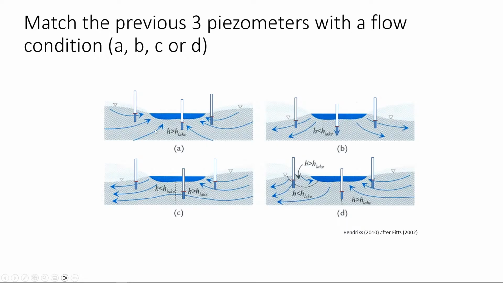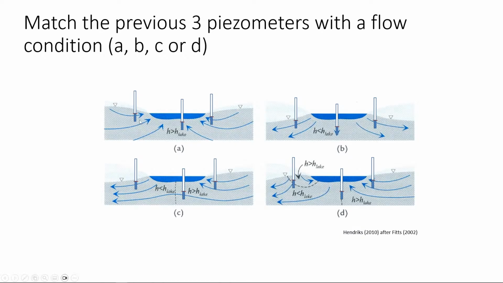For example, you went to a lake and did a measurement here, here, and here. How would you interpret this? Would you interpret this as this case, this case, this case, or this case? That would be your task here.